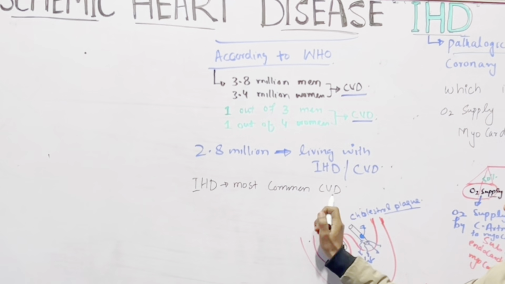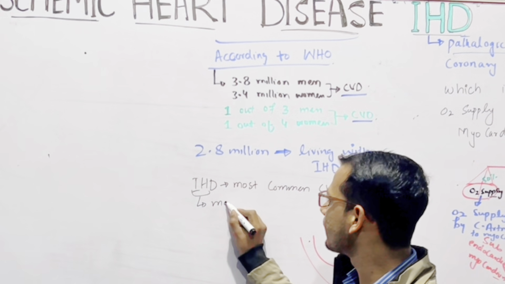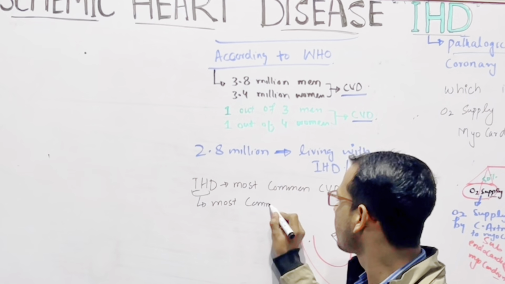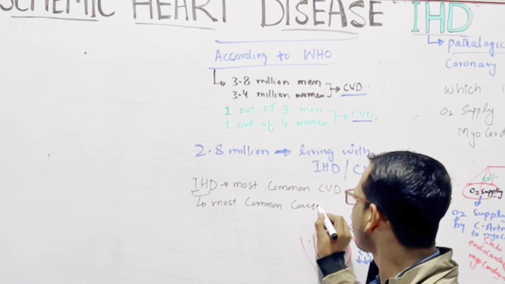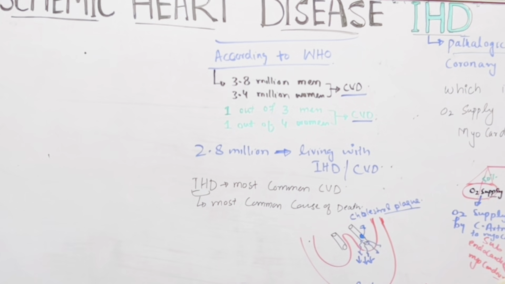Ischemic heart disease is the most common worldwide, and it is the most common cause of death, and the most common disease in people affected by coronary vascular diseases.